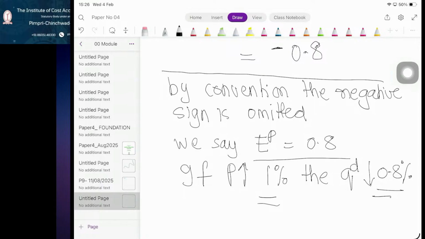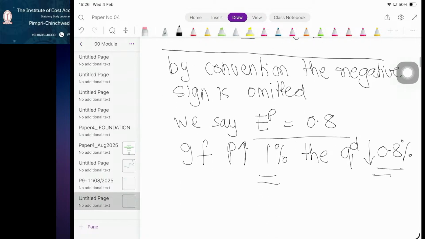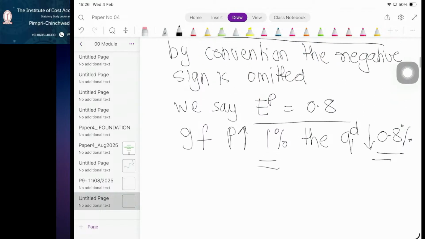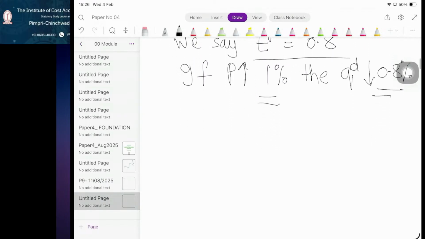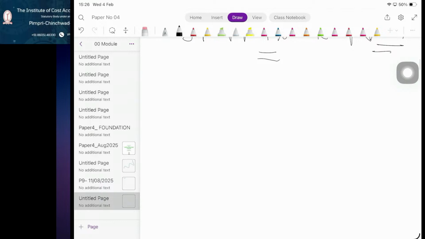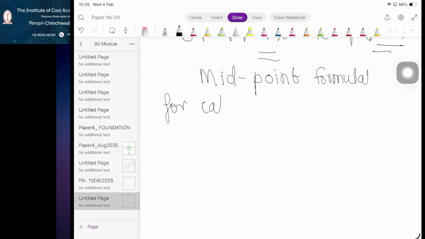Okay, so we will look at one more formula for calculating price elasticity of demand. This is called the midpoint formula for calculating price elasticity of demand.